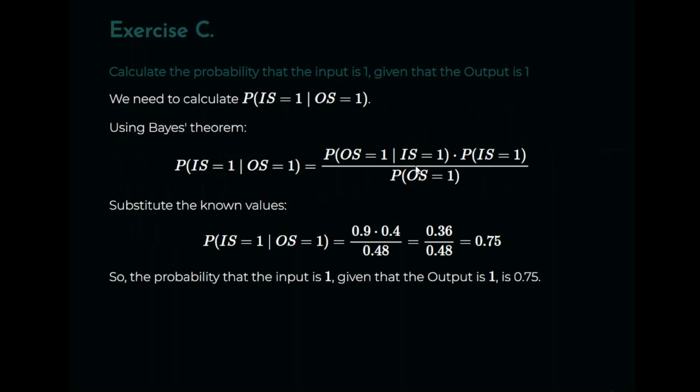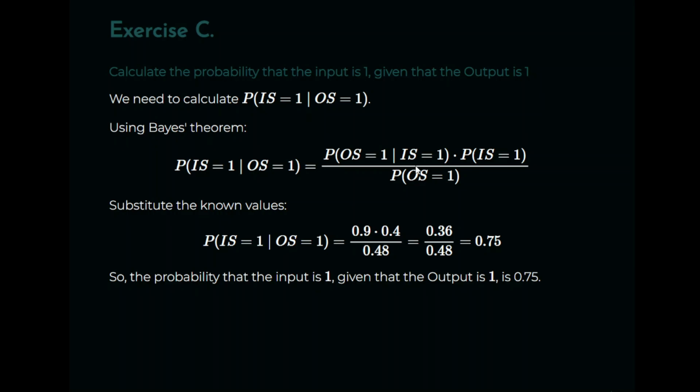Anyway, we'll keep going. Calculate the probability that the input is 1 given that the output is 1. Okay, so what we need to do is calculate the probability of IS equal to 1 given that OS is equal to 1. So what we're going to do here is use Bayes' theorem. Essentially, this is the probability of IS equal to 1 given OS equal to 1.